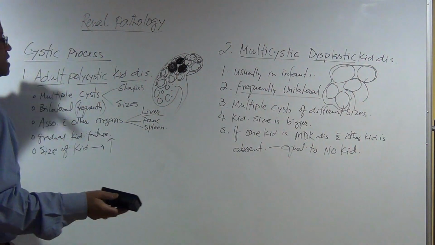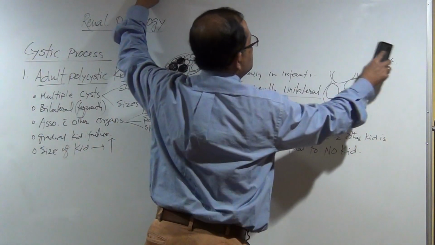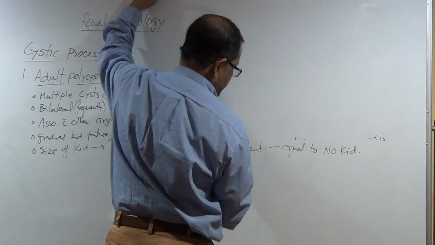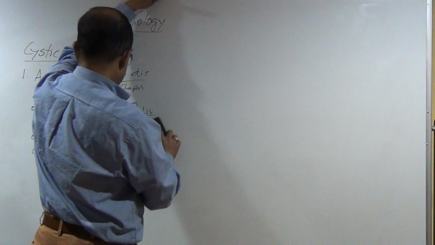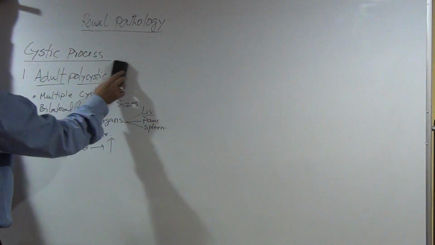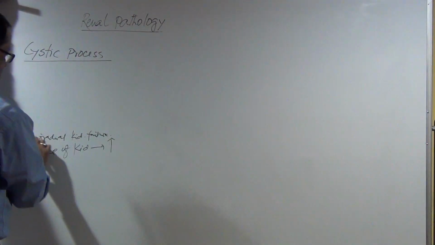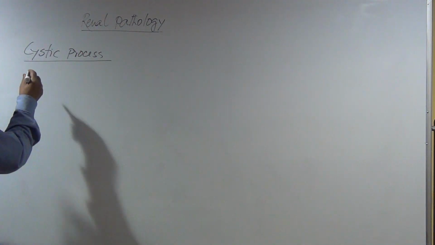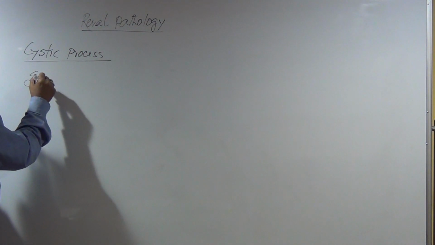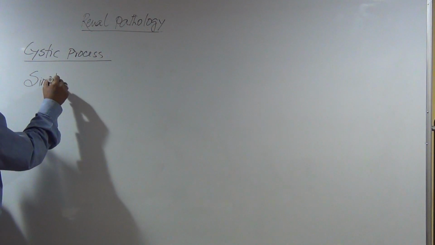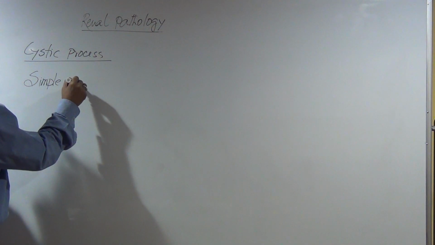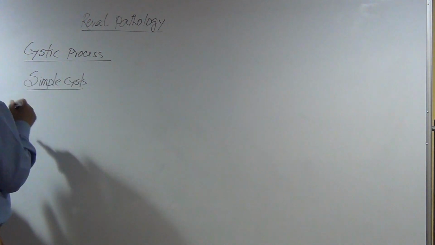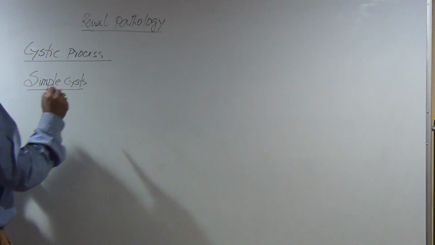Then what is the next one? Simple cyst. Simple cyst of the kidney. Simple cysts are 3 types.